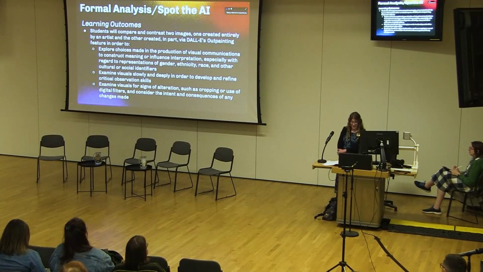Examine visuals slowly and deeply in order to develop and refine critical observation skills, and examine visuals for signs of alteration, such as cropping or use of digital filters, and consider the intent and consequences of any changes made.